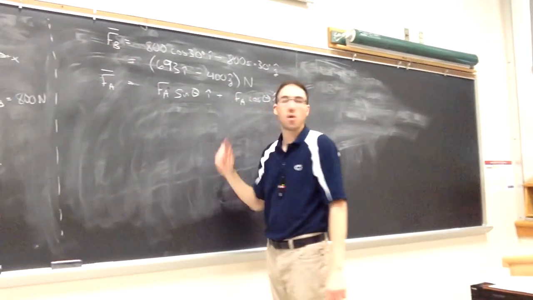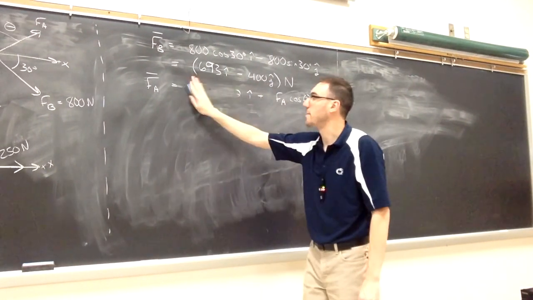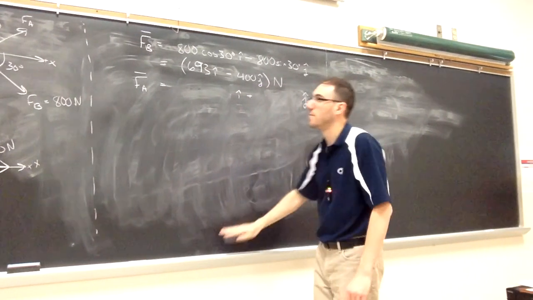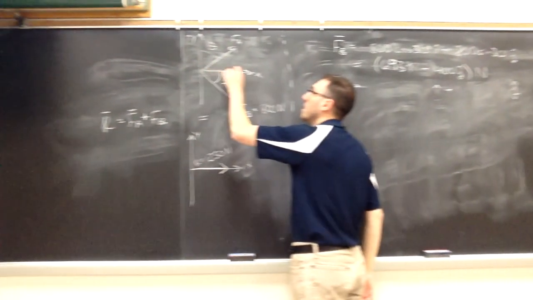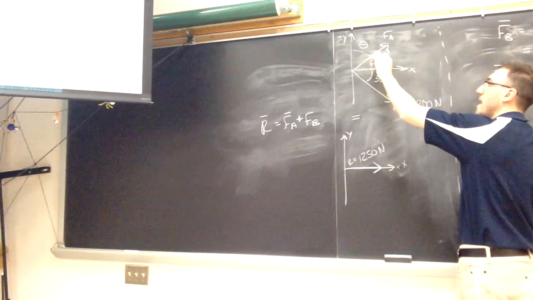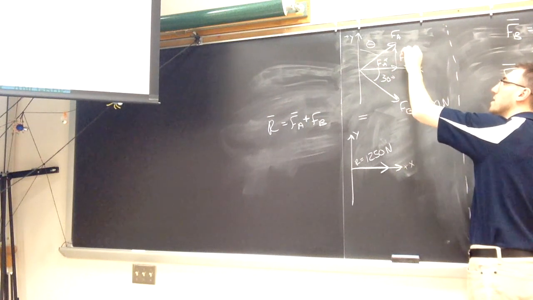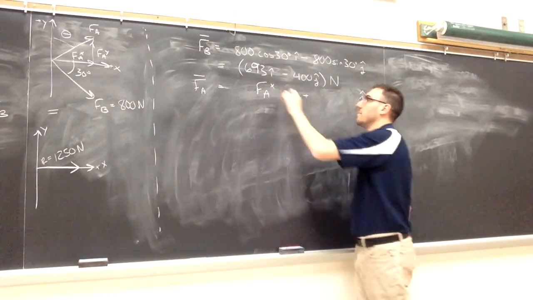So even though this is correct, I'm going to express it in a different way that's going to make it algebraically easier to solve. Instead, I can break FA into a horizontal and vertical component that I can call FAX and FAY. I don't know what they are right now, but I'll be able to find them.